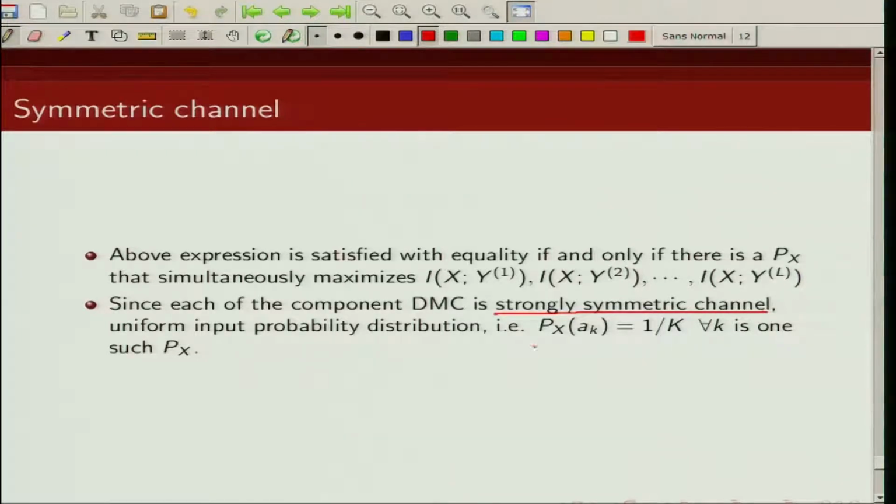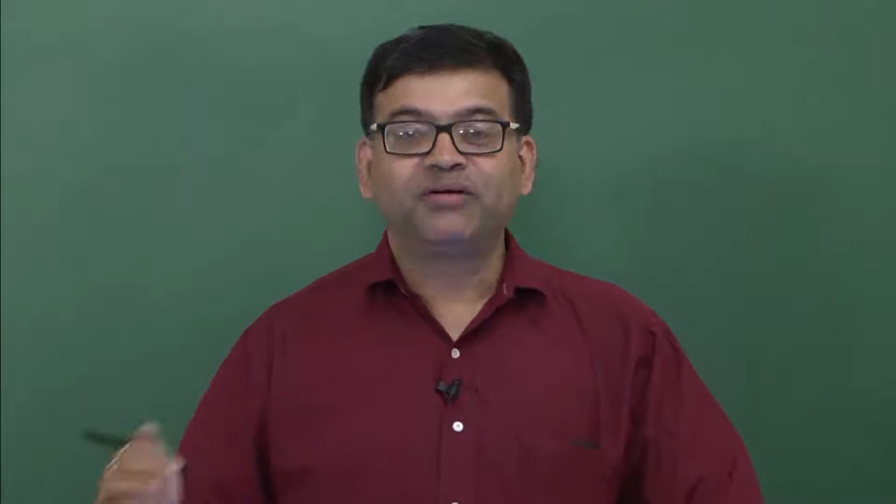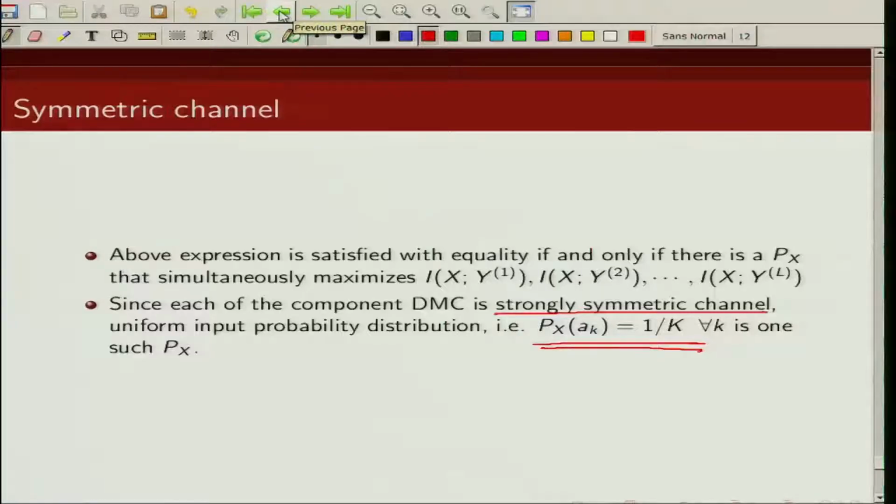So the uniform input distribution simultaneously maximizes the mutual information of each of these channels. Hence, the capacity is given by the summation of the selection probability multiplied by the individual capacity, summed over all such L discrete memoryless channels.